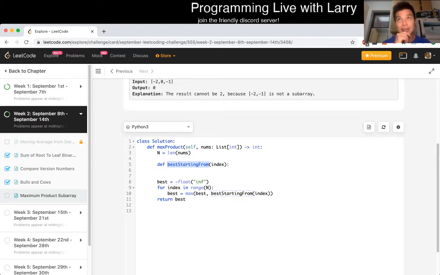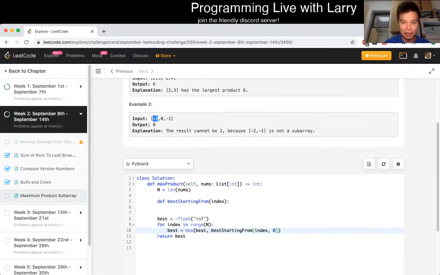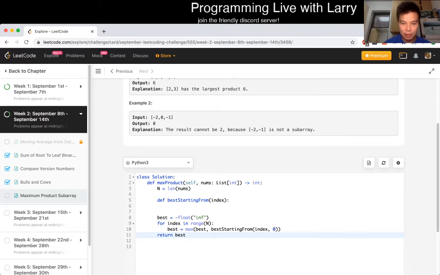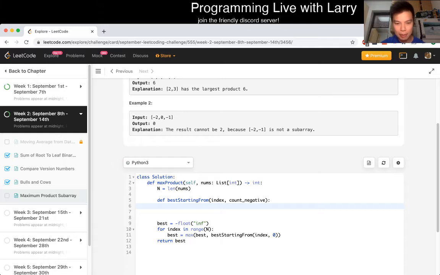Though maybe I might think about this a little bit weird. I forgot a state, which is the number of negative numbers, which is 0. So count negative.